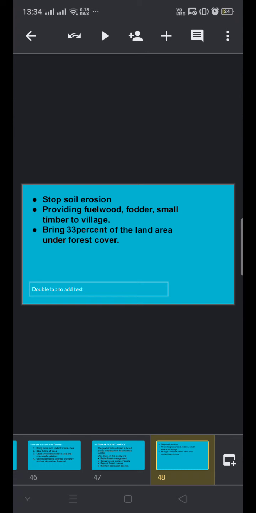So these are the basic objectives of the National Forest Policy of India, which was modified in the year 1988.